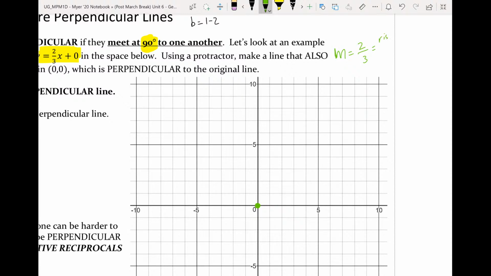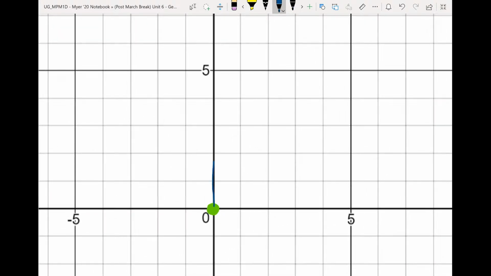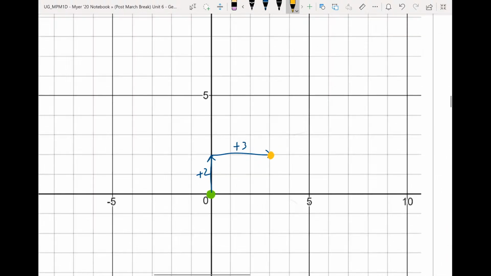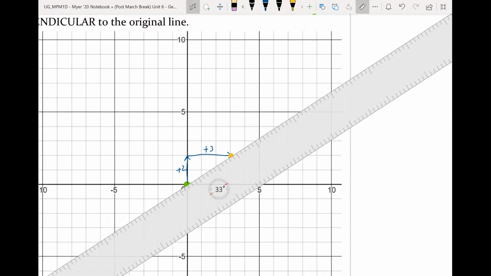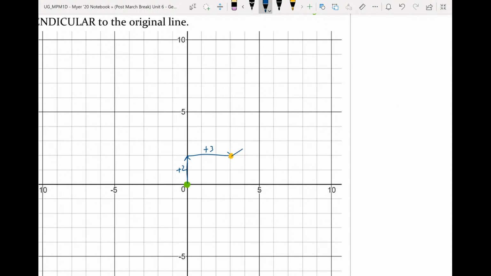So remember, that's our rise over our run. So from that 0 point, we can rise 2 and go over 3. And there's our point. And again, if we really wanted to make it accurate, we could go up 2 over 3 again, so we know the next point is here.